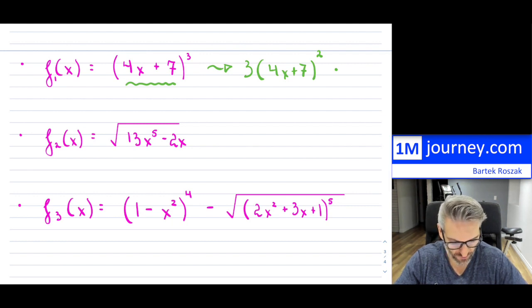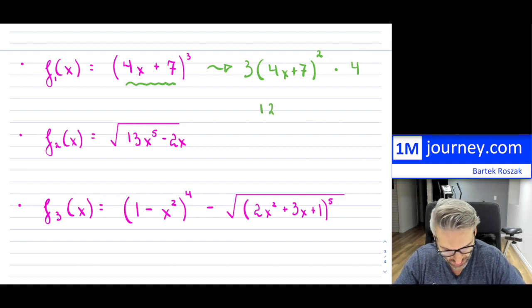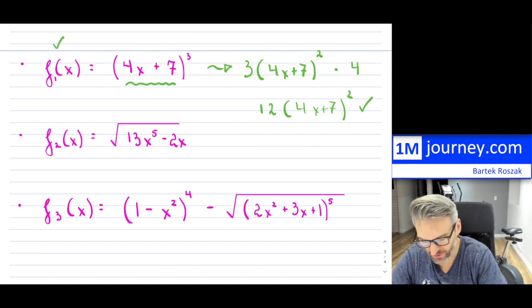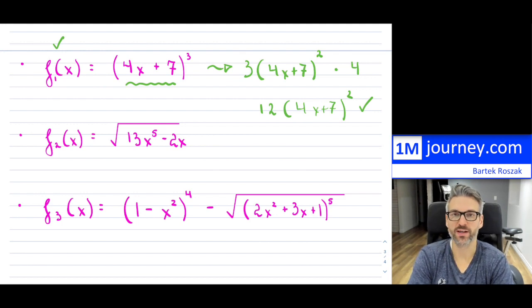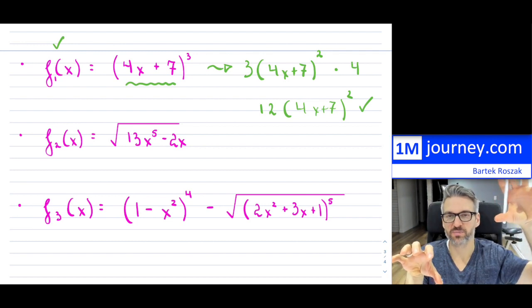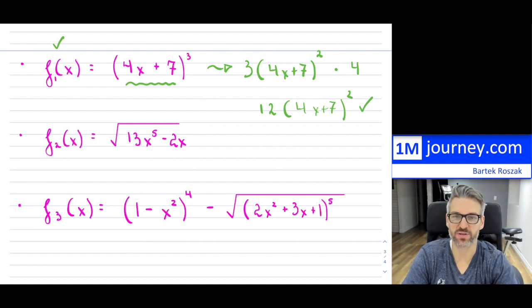Well, the derivative of 4x plus 7 is just 4. So overall, this is simply 12(4x plus 7) squared. And that is the overall derivative of this function f1, which is a composition of 2 functions, one inside of the bracket and the actual exponent. So that's the composition.